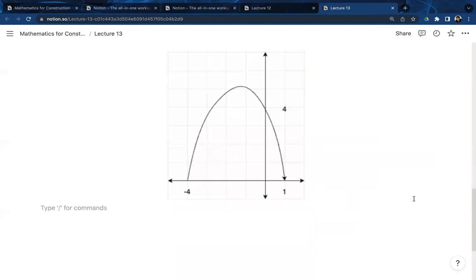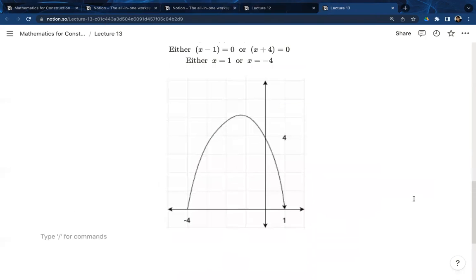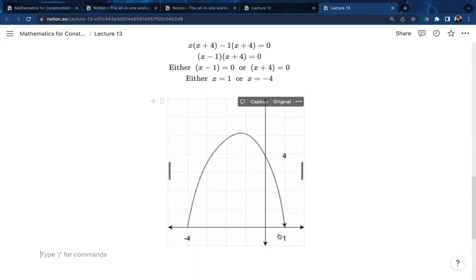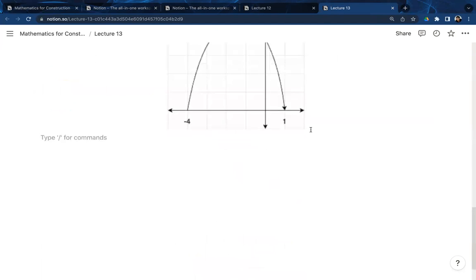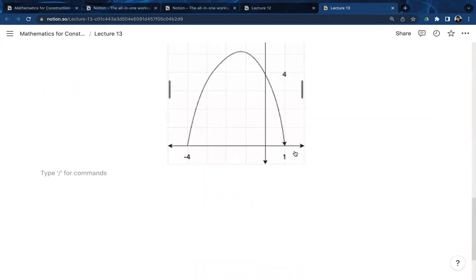So here, look at this diagram. You see, when x is -4 and when x is 1, it cuts the x-axis. At a value of 4, it cuts the y-axis, but we don't care about that. We're really interested in the area enclosed by the axes and the curve, which is this triangular area to the right here. So we need to integrate this function between 0 and 1. Right?